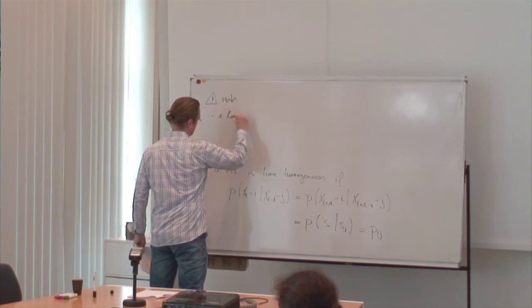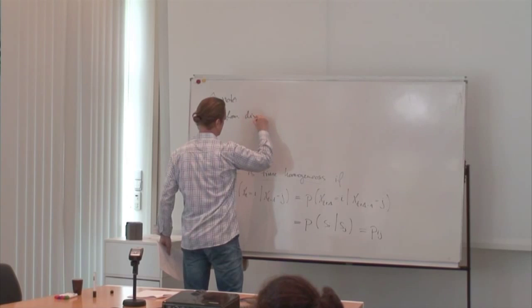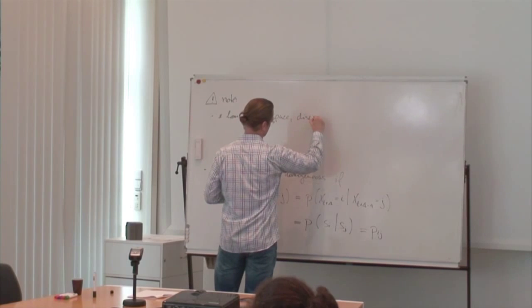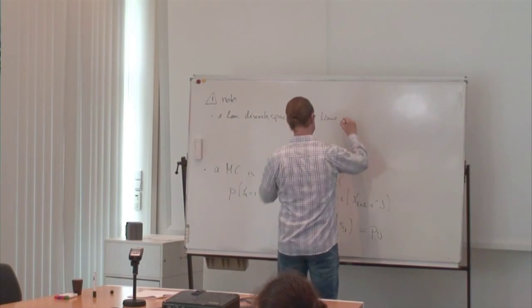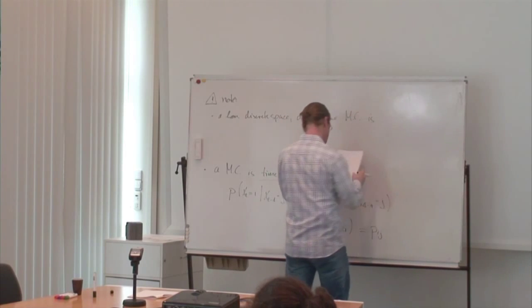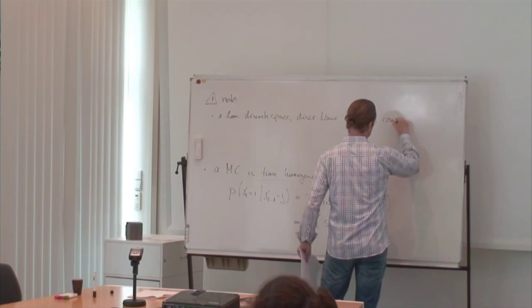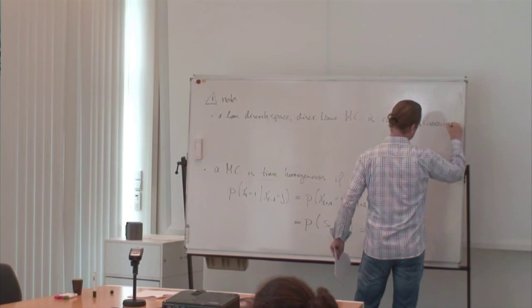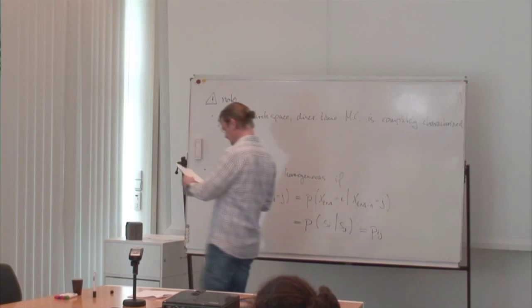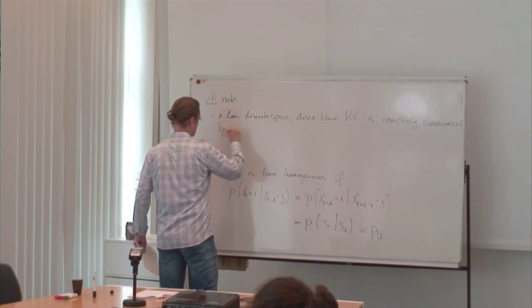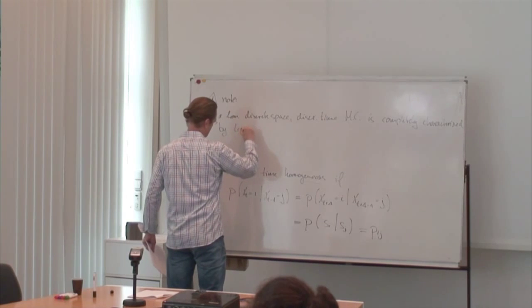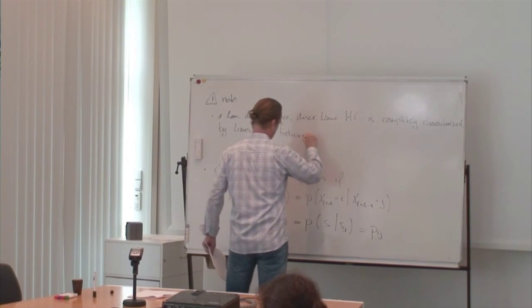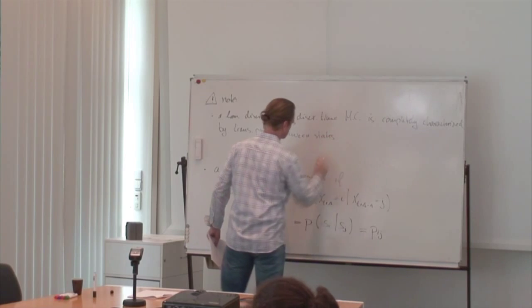So a homogeneous, discrete space and discrete time Markov chain is completely characterized by the transition probabilities between states.